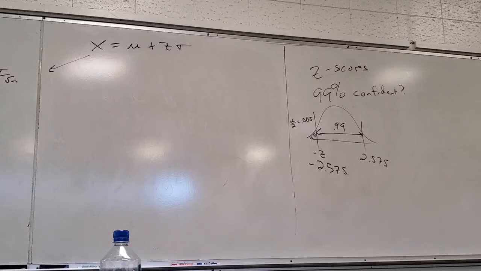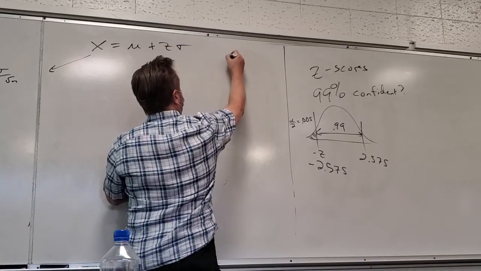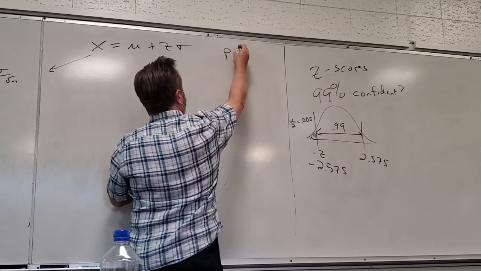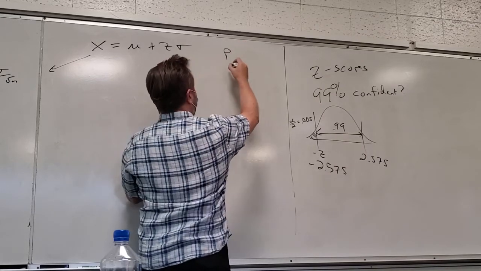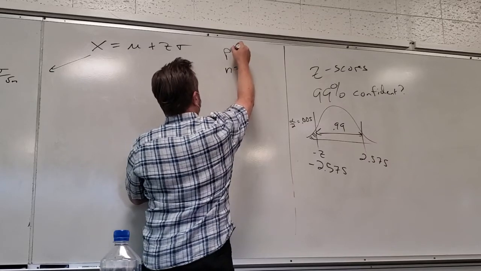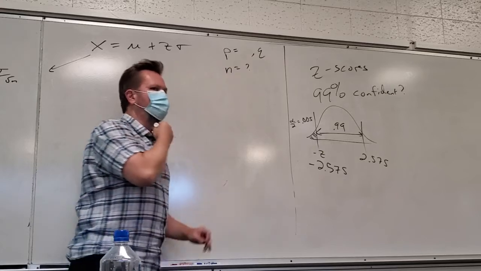All right. So now, watch this. If I have a percentage, so if I'm talking to people and asking them, are you going to vote for this person or not? Isn't that an npq problem? Am I not going to have a certain number of people I talk to? I'm going to have a probability that they vote for somebody and a probability they don't vote for somebody.